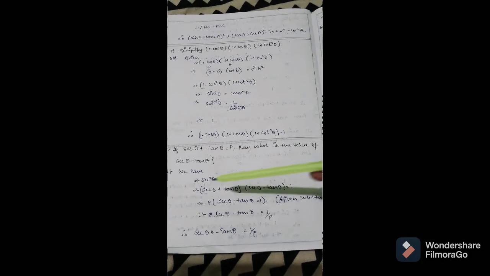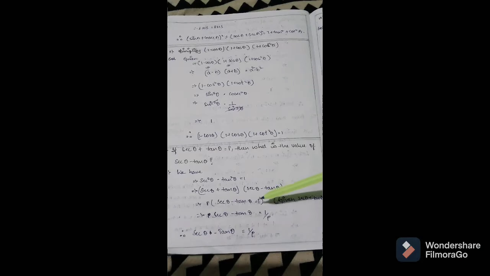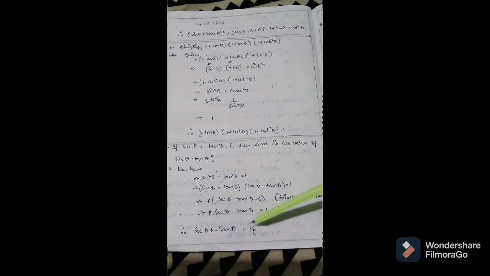So p into secant theta minus tan theta is equal to 1. When this p gets transferred to the RHS, it becomes 1 by p. So secant theta minus tan theta is equal to 1 by p.